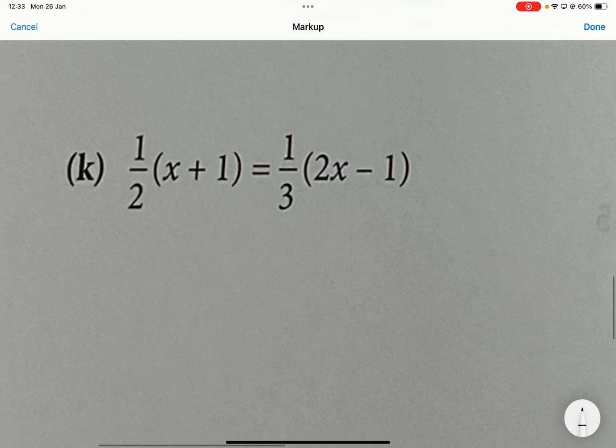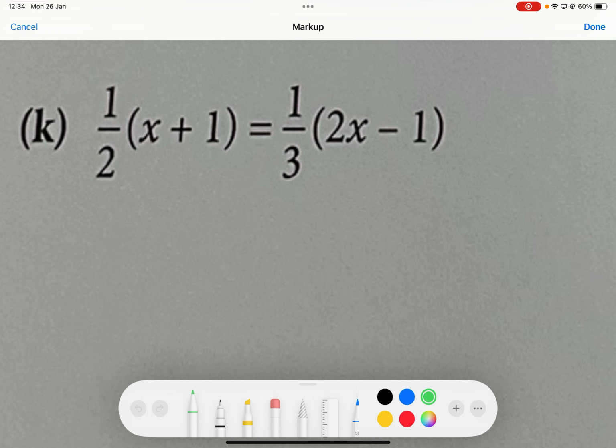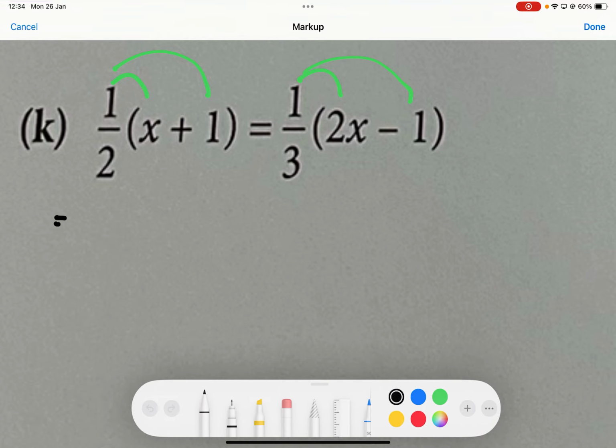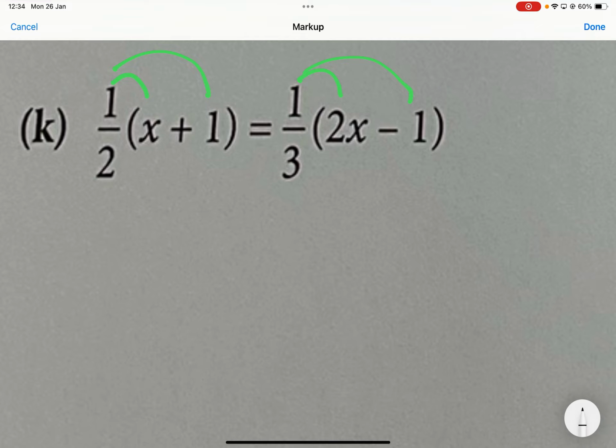But now my x is inside the bracket. I cannot move them individually, so I have to do my expansion first. Half times x, we don't write an equal here. In one line, we only write one equal sign.